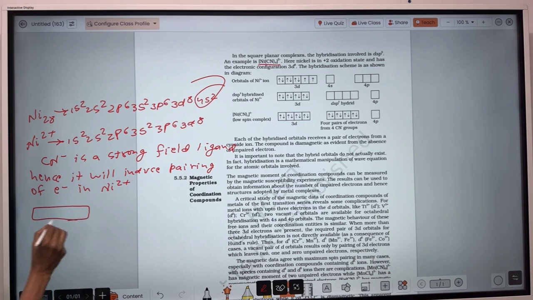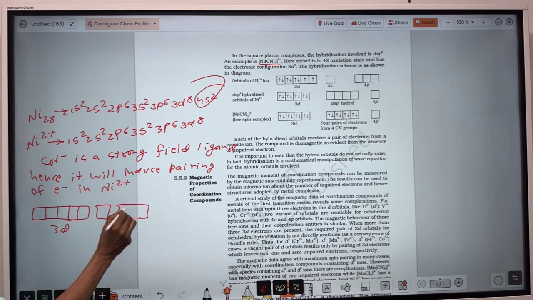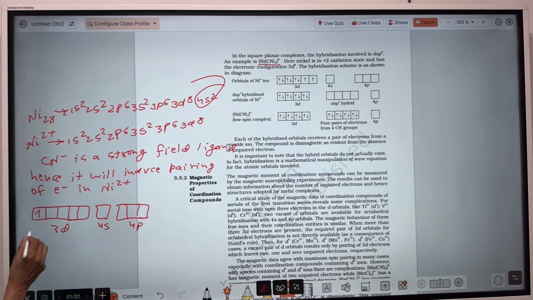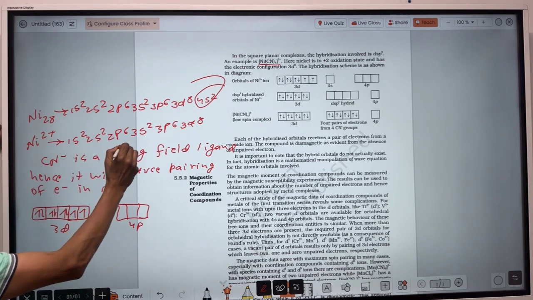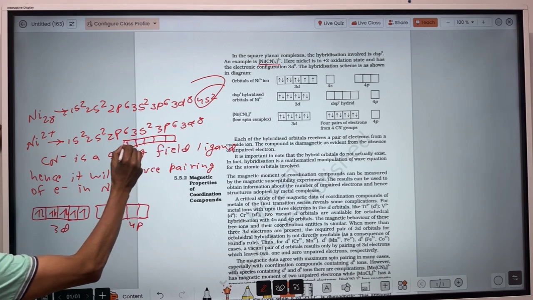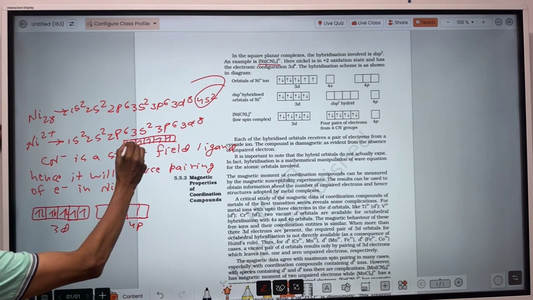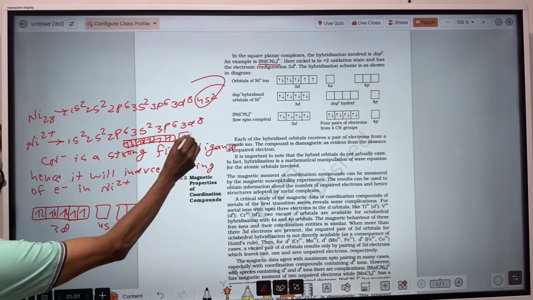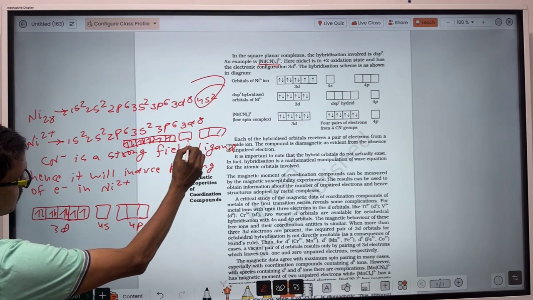So let's see here. This is the 3d orbital, it is 4s and here 4p. Then after, here is the 3d orbital, 4s and 4p.